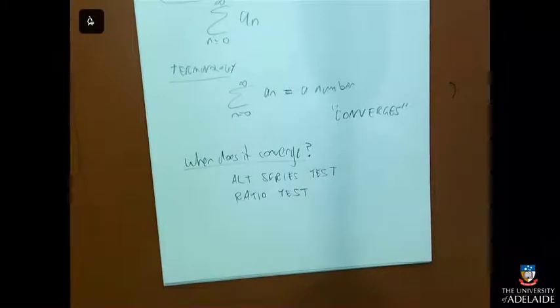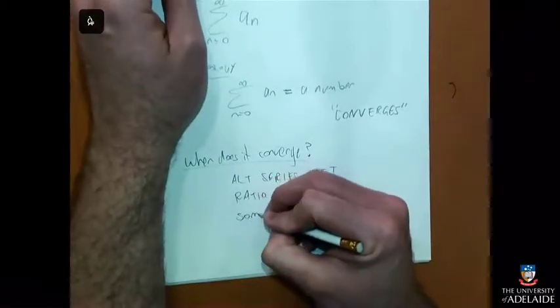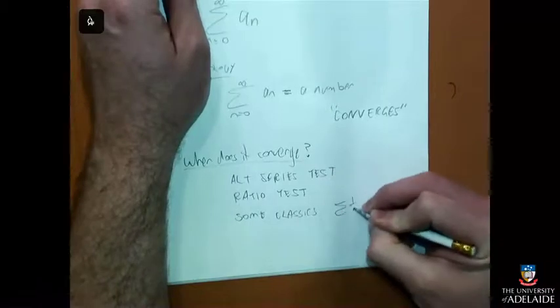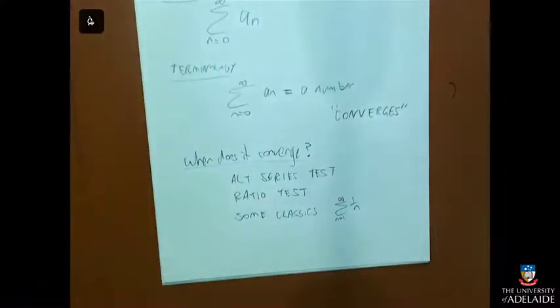You also look at some of the nice ones that you happen to know the answer to, some classics, like the sum from n equals 1 of 1 on n. It doesn't converge, because someone convinced me, can't remember the exact proof, but I'm convinced that that one doesn't converge.